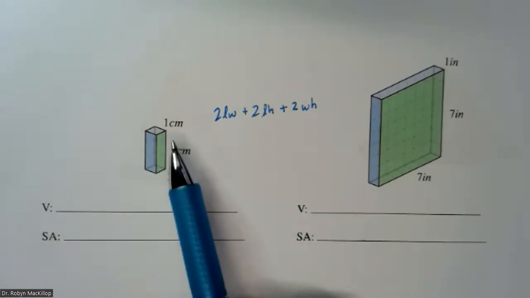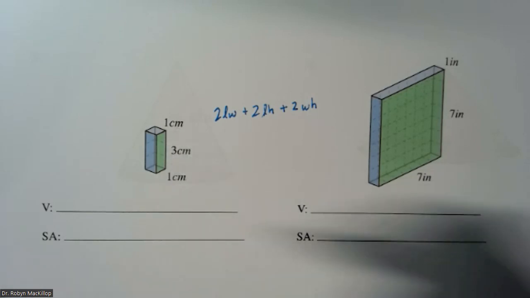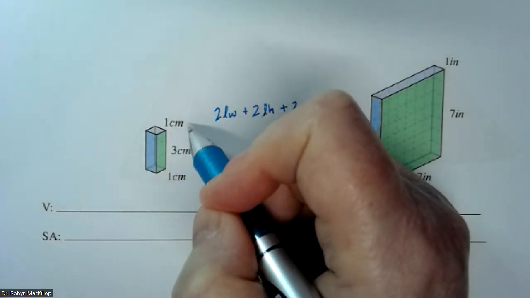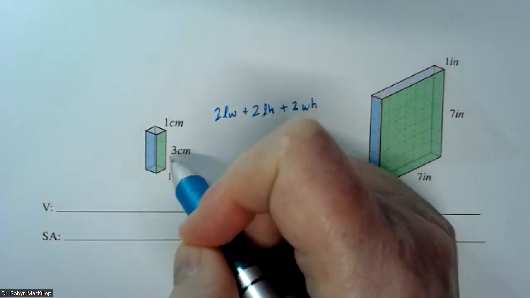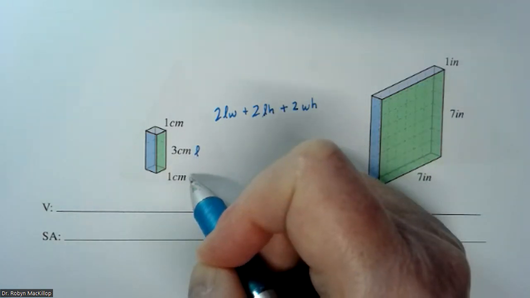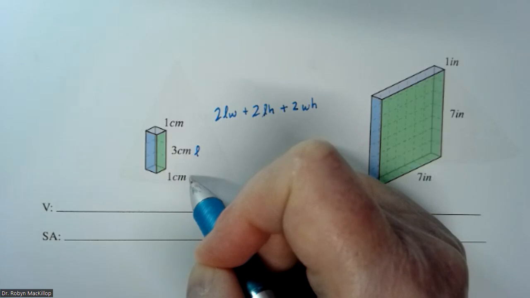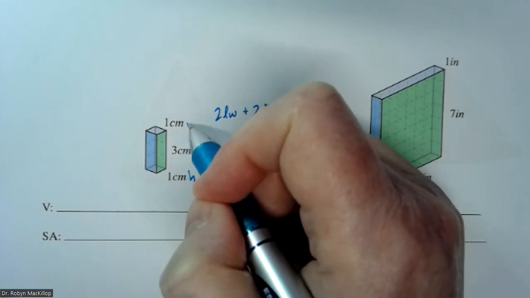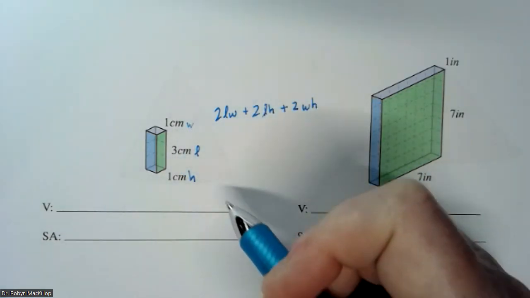So we're just going to fill this in. We've got a 1, a 3, and a 1. And it doesn't really matter. You can label them if you want. It doesn't matter where you start. Let's say length is the 3. Let's say height is, it doesn't matter what order, because you're going to cover all of them.